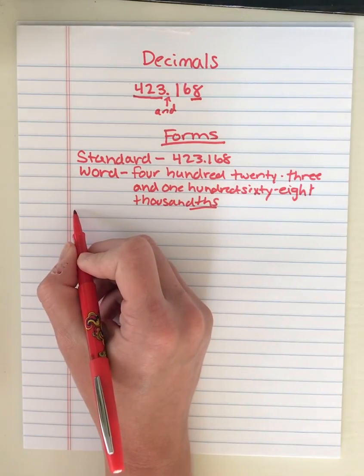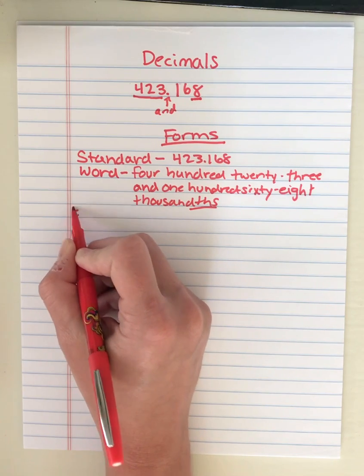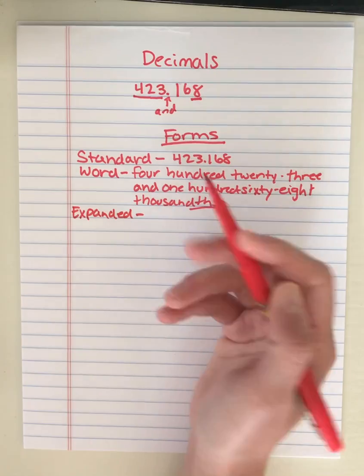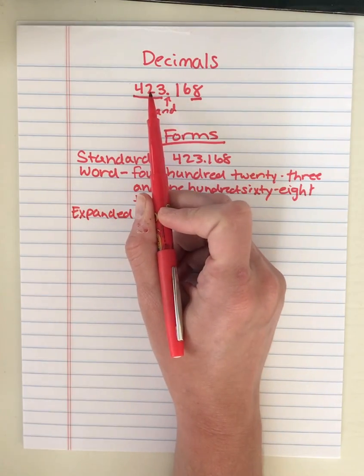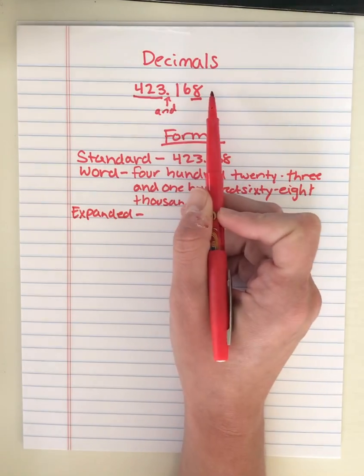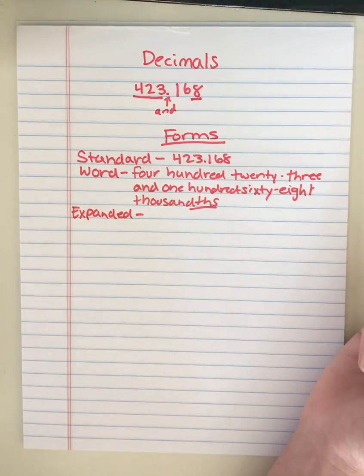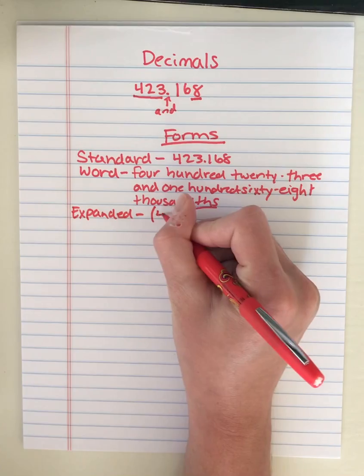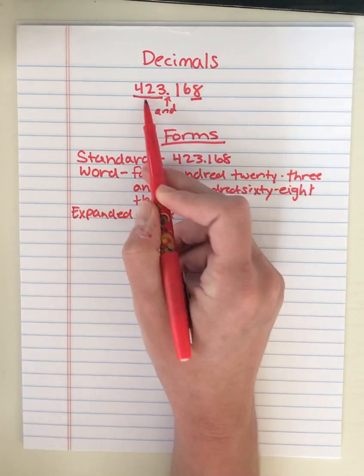Finally, the last form we are going to review is expanded form. This is when it's super important to know what each number's place value is because it helps us when we're writing standard form. So we start with our first number, which is 4, and we're going to times by whatever place it's in.